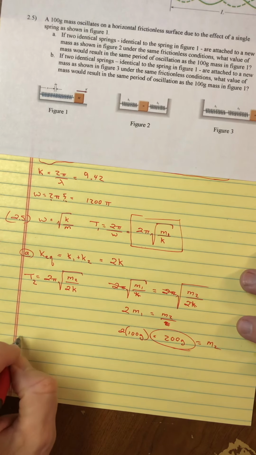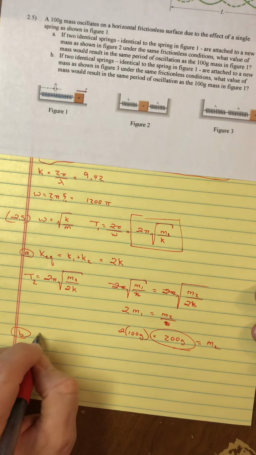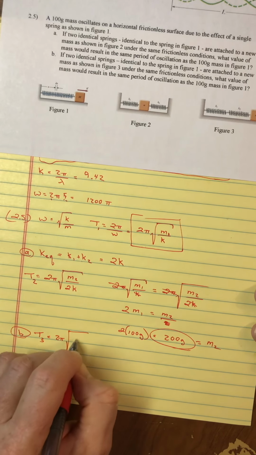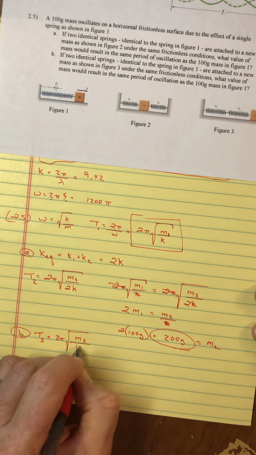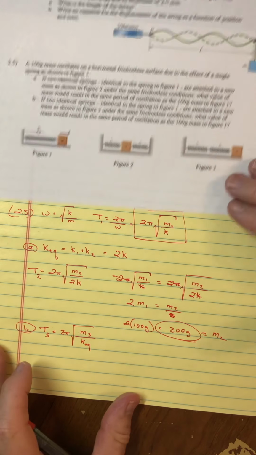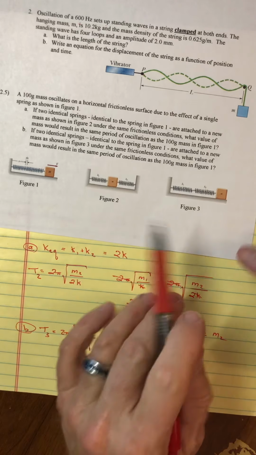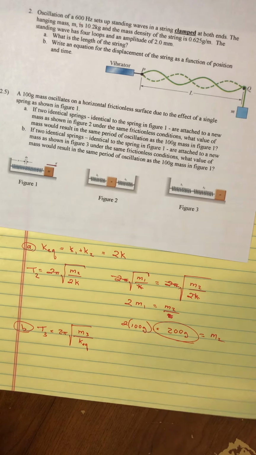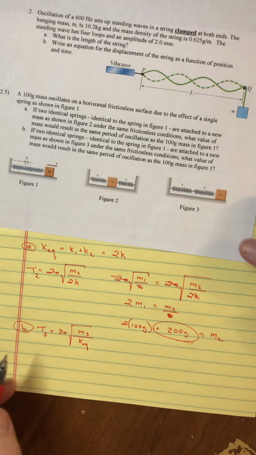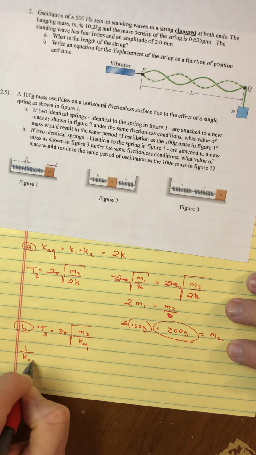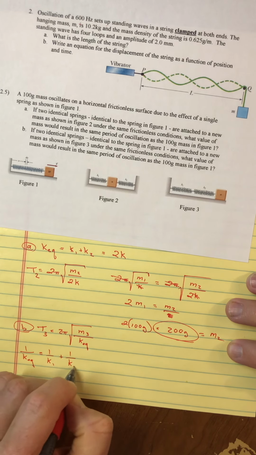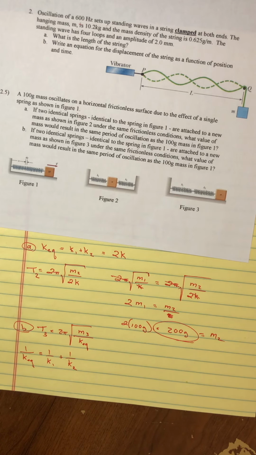And then B is kind of that same exercise. Let's call this period number 3. It would be 2 pi over the square root of mass number 3 over the effective k value. Now, for figure 3, this was the harder one, and again, we can go back to Physics 121 or to our lecture here: what's the effective k when you hook springs in this fashion? We discovered that you get there by adding the reciprocals.